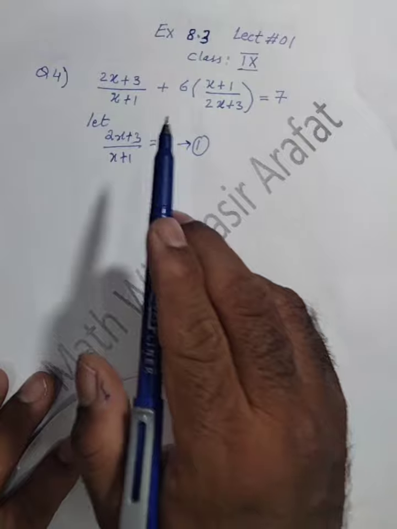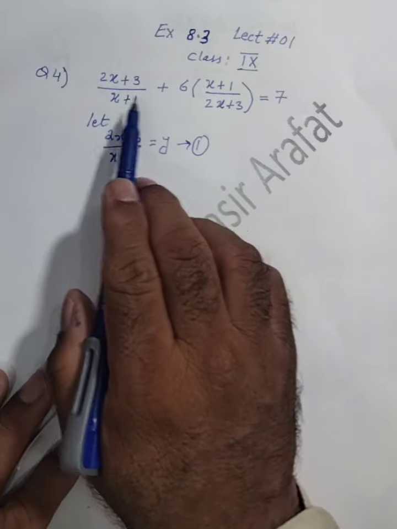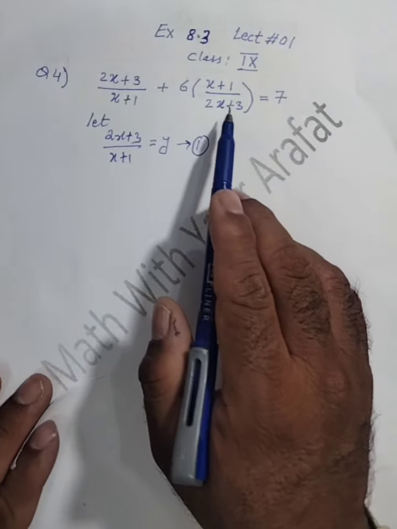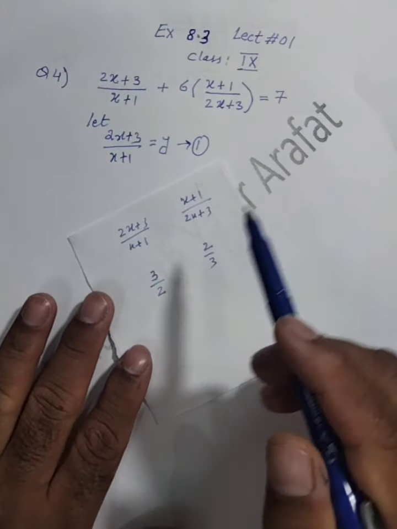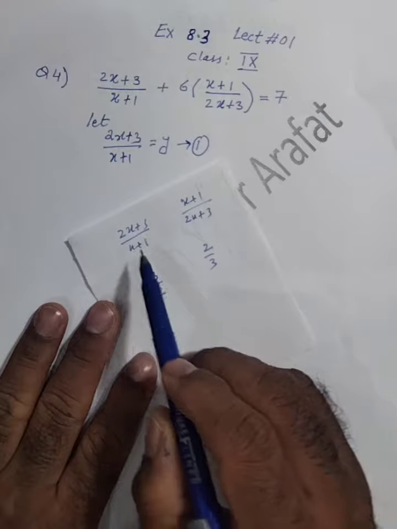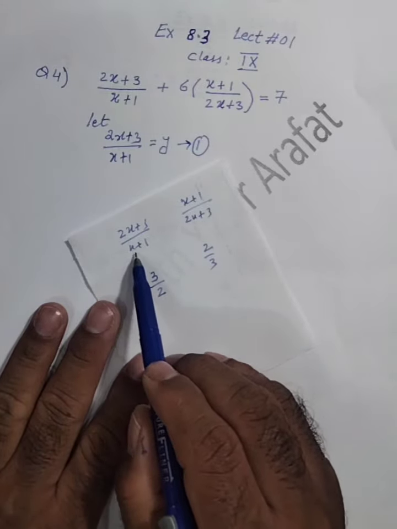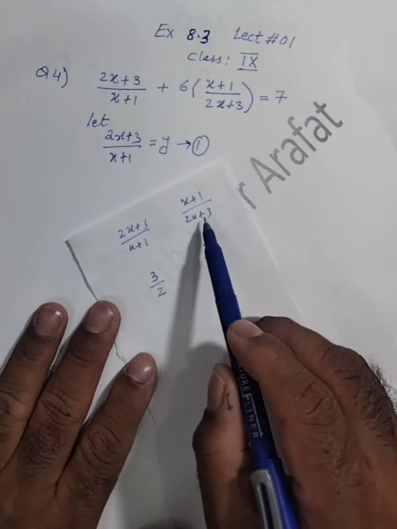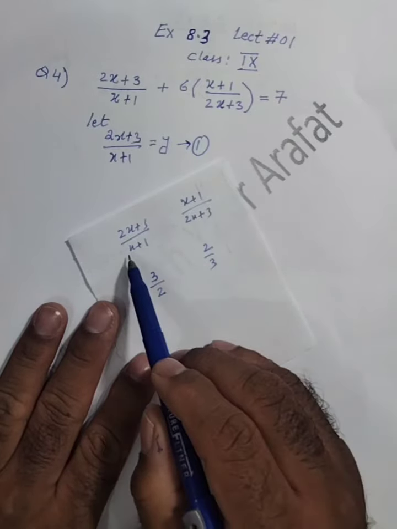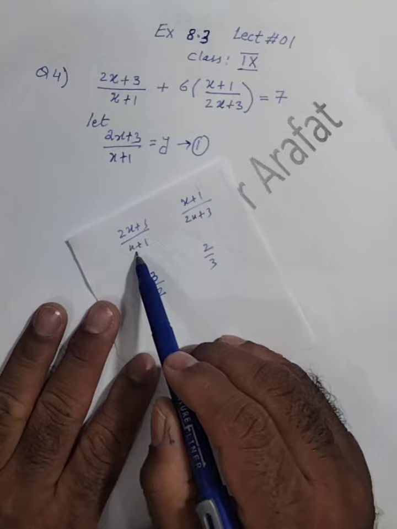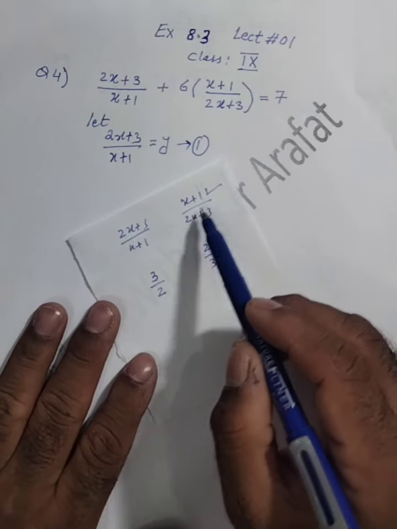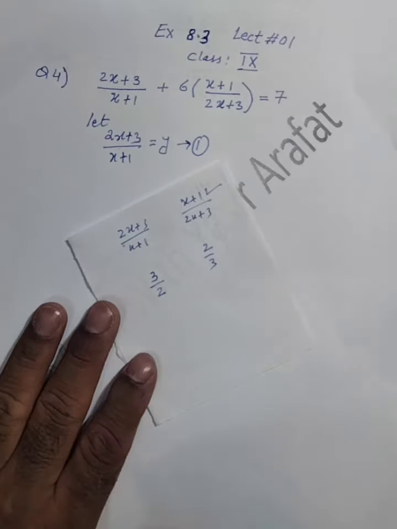Please remember, between these two fractions, they are reciprocal to each other, and I have explained the reciprocal: we change the numerator and the denominator. This is 2x + 3, it is the numerator. Now it will become the denominator. This is x + 1, it is the denominator. Now it has become the numerator. So this fraction is the reciprocal of this fraction.